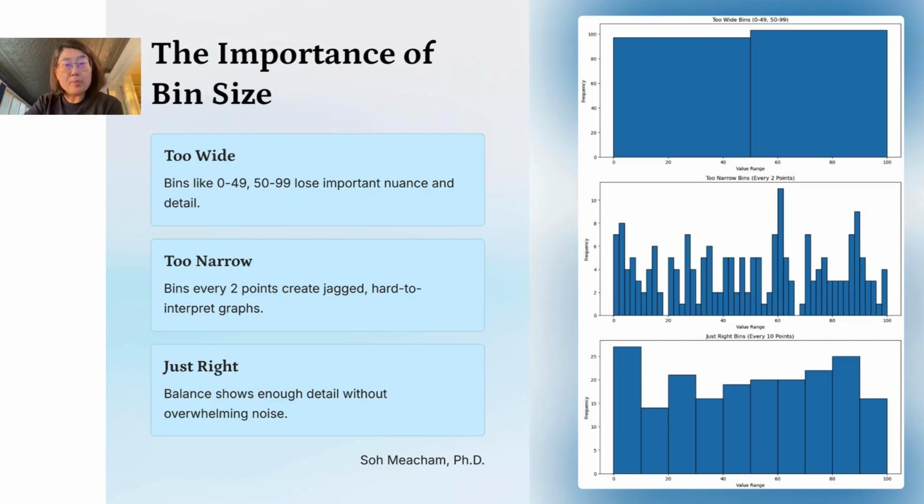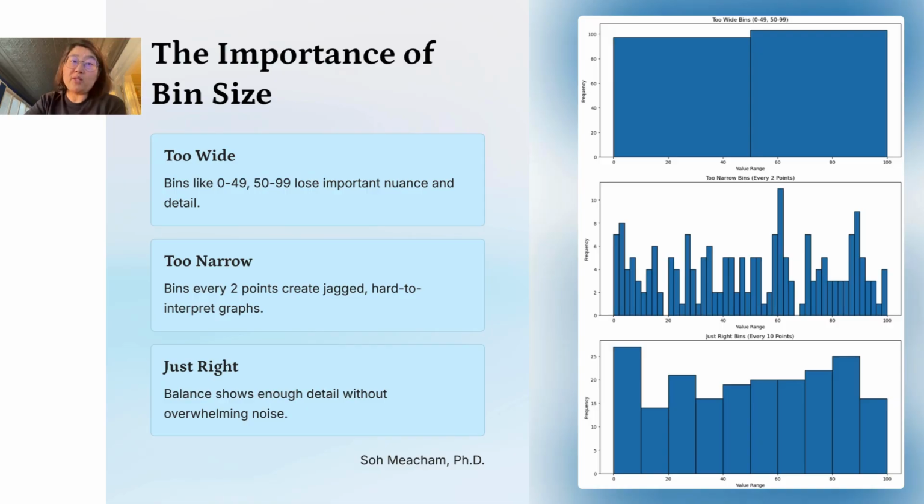One more critical point about histograms: the bin size matters. Let's go back to those reading fluency scores. If we use very wide bins, say 0 to 49, 50 to 99, 100 to 149, then we lose the nuance. It just shows us general trends.